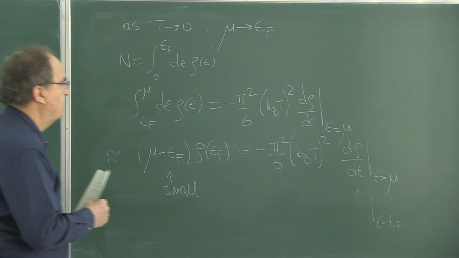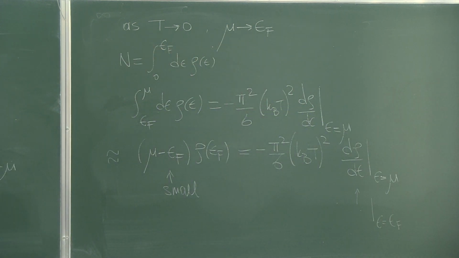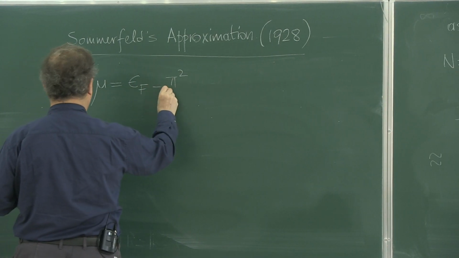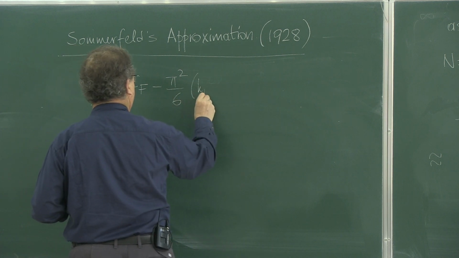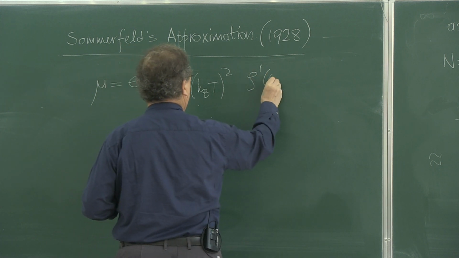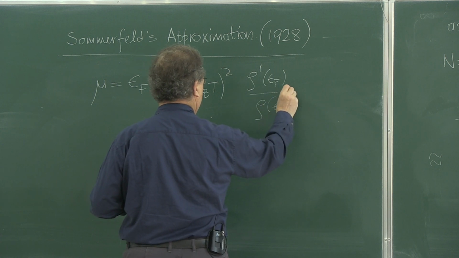If I do that, here is what I get. So this is kind of an example of actual calculations using the Sommerfeld approximation. This gives us mu as EF minus pi squared over 6 (kB T) squared, rho prime calculated at the Fermi energy over rho calculated at the Fermi energy.